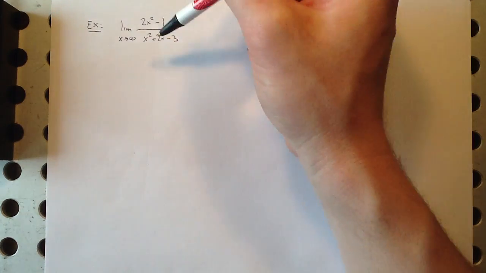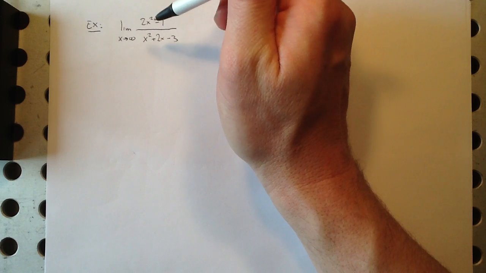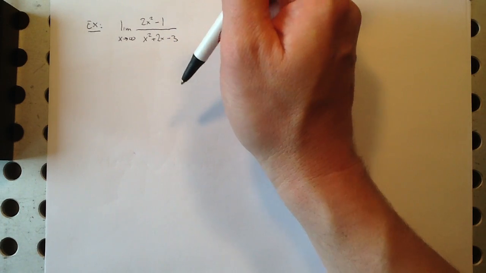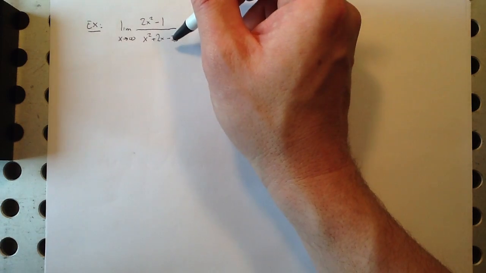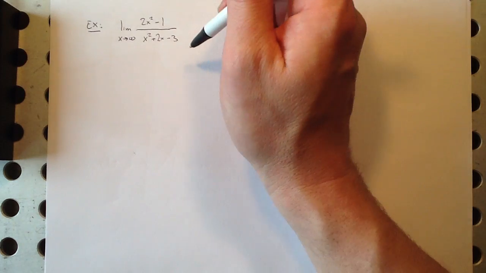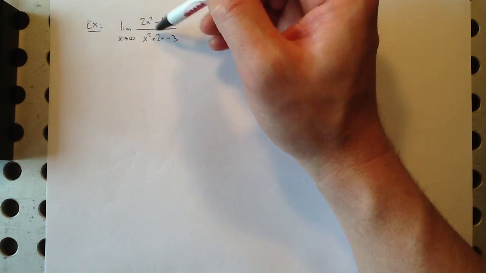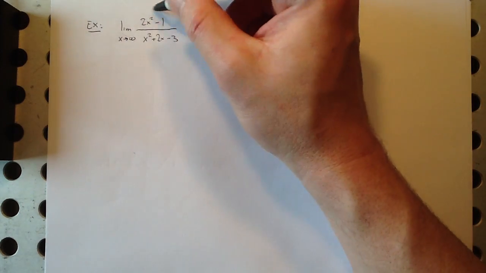Your algebra instincts might tell you that you should try to factor these things, and indeed I think the bottom one would factor. The top one doesn't really factor in any meaningful way. And although you can factor the bottom, it's not going to do anything particularly useful for us. So instead, let's think about what happens as x approaches infinity and see if we can evaluate this limit.